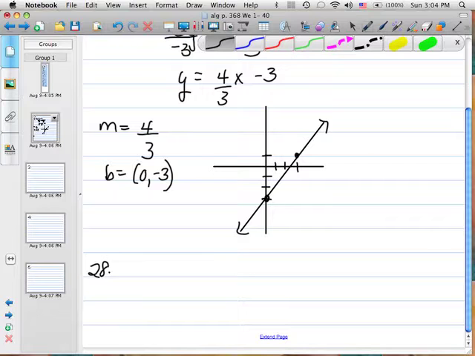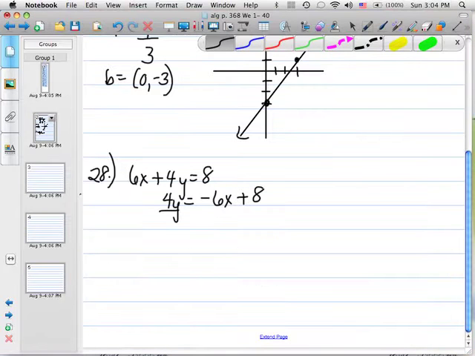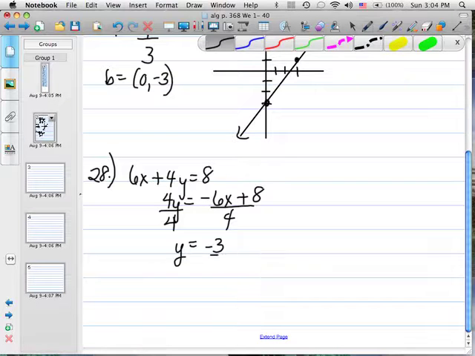Number 28, 6x plus 4y equals 8. Subtract 6x from both sides, so we get 4y equals -6x plus 8. Solving for y, divide both sides by 4, and we get y equals -6 divided by 4. Simplify that, that's -3/2 x, and 8 divided by 4 is 2.